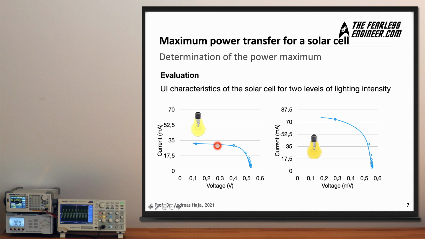Even though between these two points here, there are no other load resistors which we connected, if we chose a resistance value somewhere between these two, it wouldn't have varied the current flow generated by the solar cell.